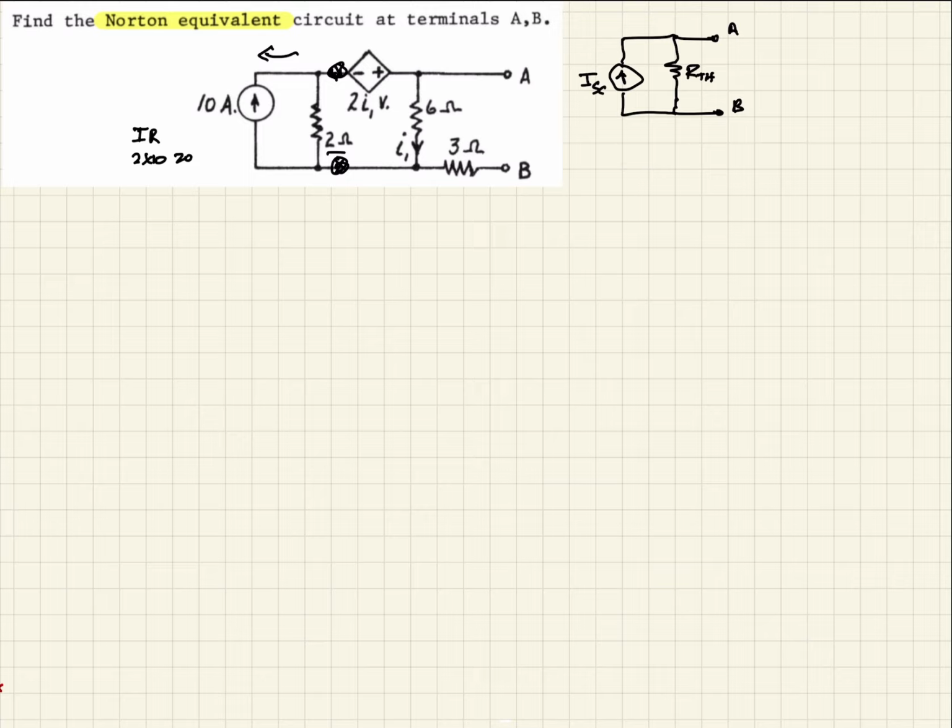So let's do that real quick, and I think that will simplify our circuit just a bit. So if we do that, that would replace all of this. So we will replace that and this.